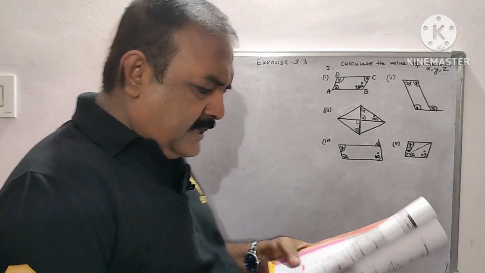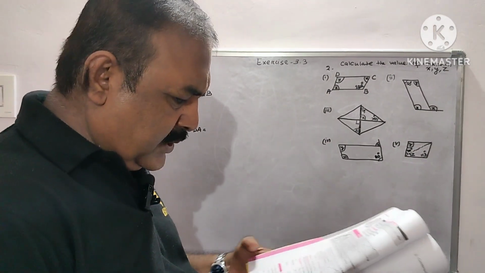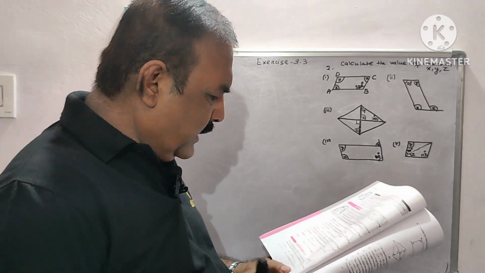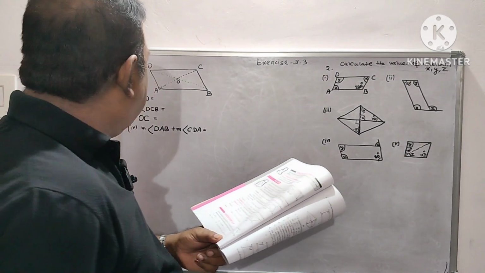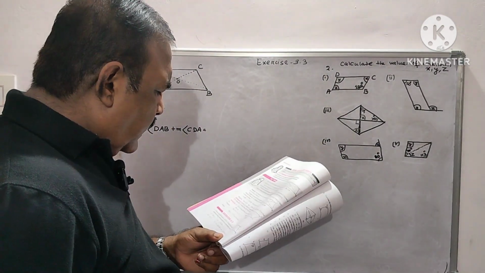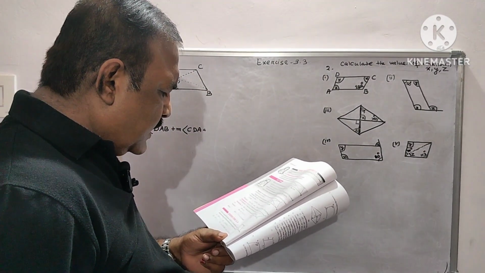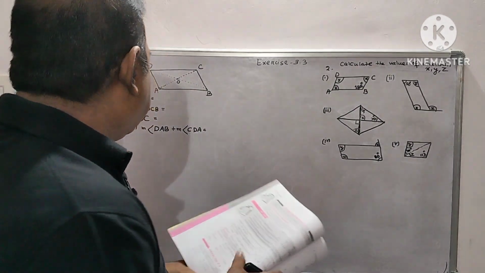You see exercise 3.3, please open your book, and you see here a given parallelogram ABCD. Complete each statement along with the definition or property used.